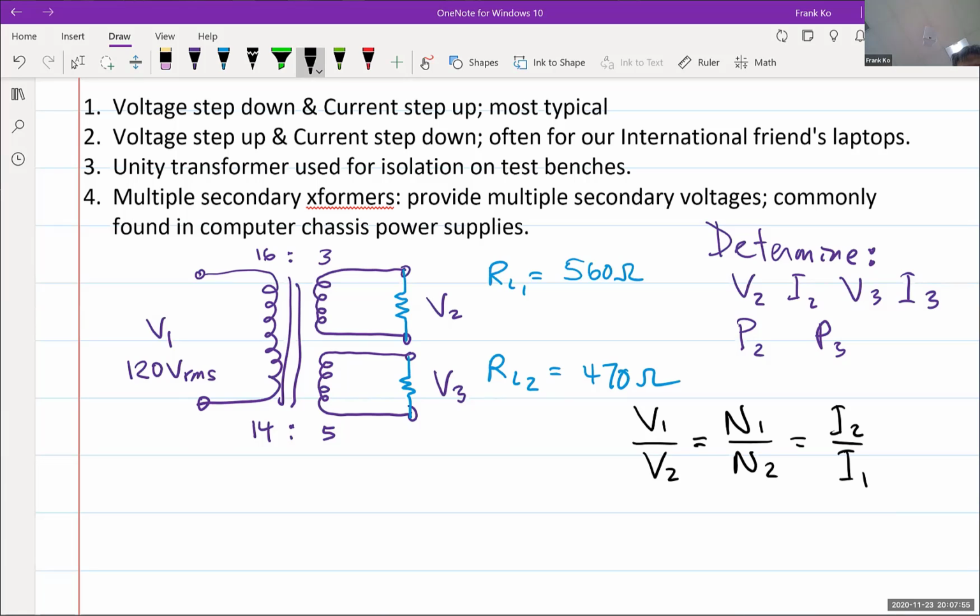Now, because there's a multiple secondary, we can also say this. We could say V1 over V3 is equal to N1 over N3 is equal to I3 over I1. So those would be your appropriate formulas for each of the secondaries.